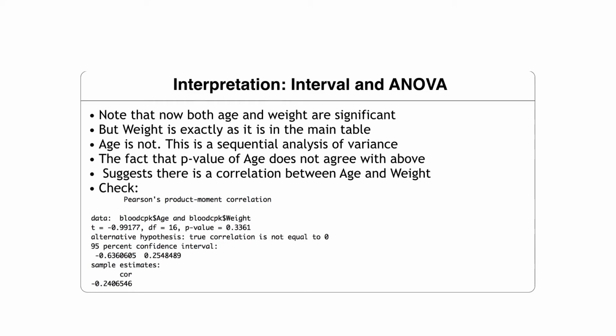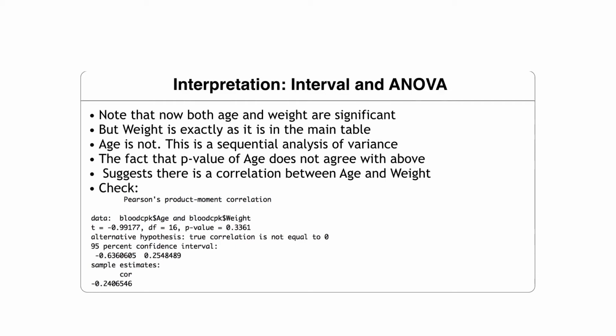But age is not, because we have sequentially analyzed the analysis of variance. And the fact that the p-value of age does not agree with the p-value that we see in the main regression model tells you something. And that tells you that there is a correlation between age and weight.